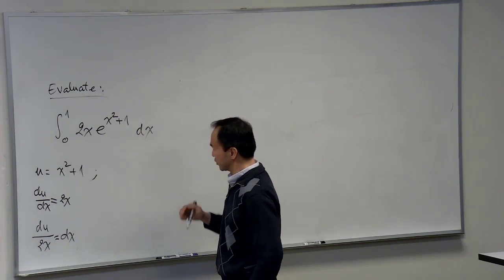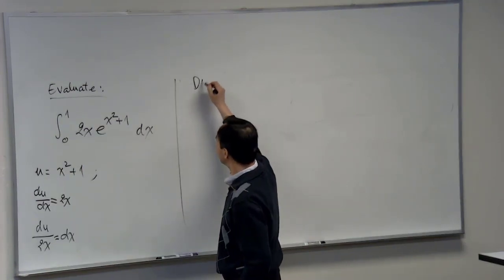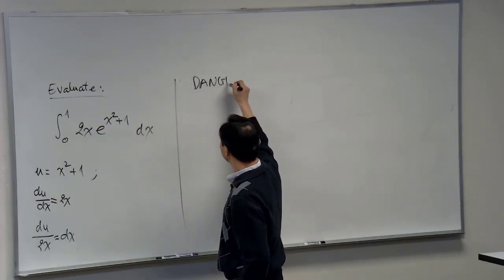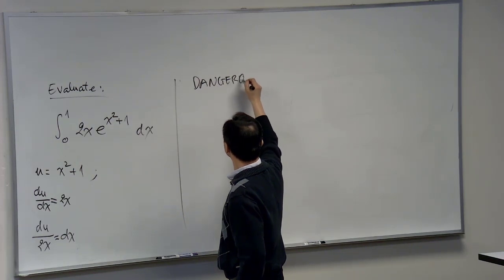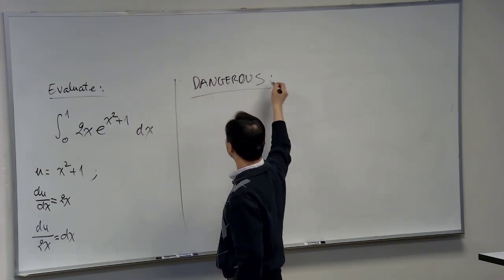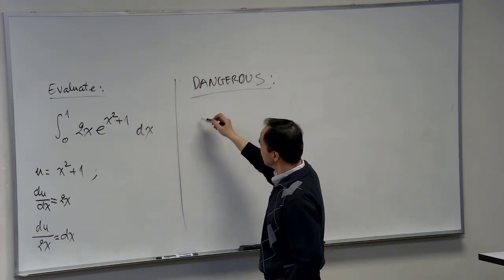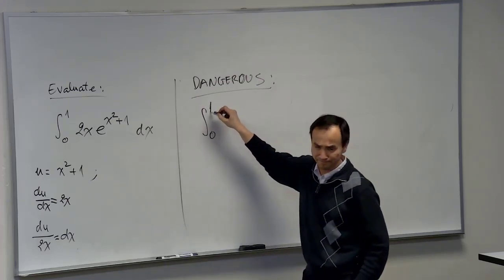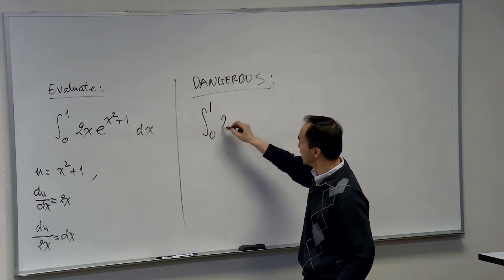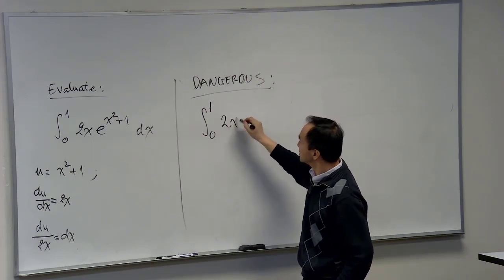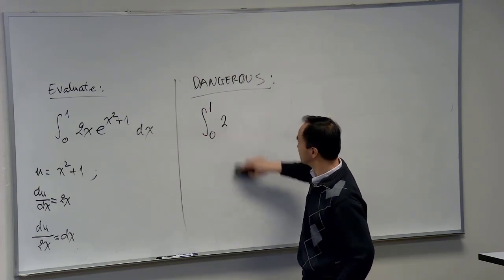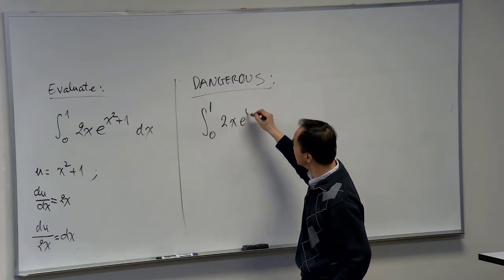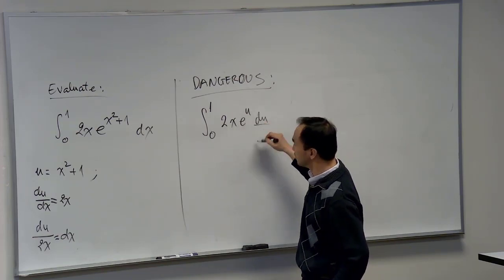But now, at the same time, this is the dangerous work that my students have done right here. Very dangerous. Don't do this. They do the integral from 0 to 1, and then 2x times e to the u, times du over 2x.